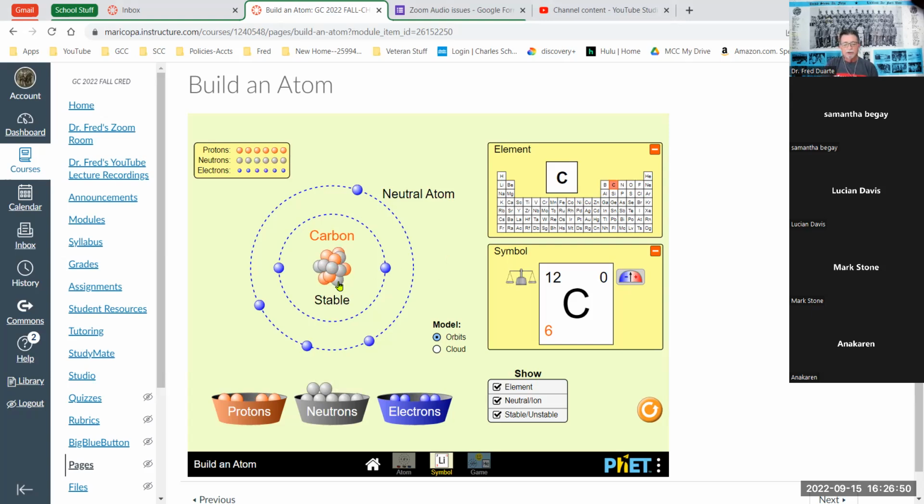Now, we had talked about carbon-11. Notice you take 1 neutron away, we got carbon-11, which is a little bit unstable. Go back to carbon-12, most stable one. Carbon-13 is also fairly stable. And then we also talked about carbon-14. And in all cases, we did not change what the element was.